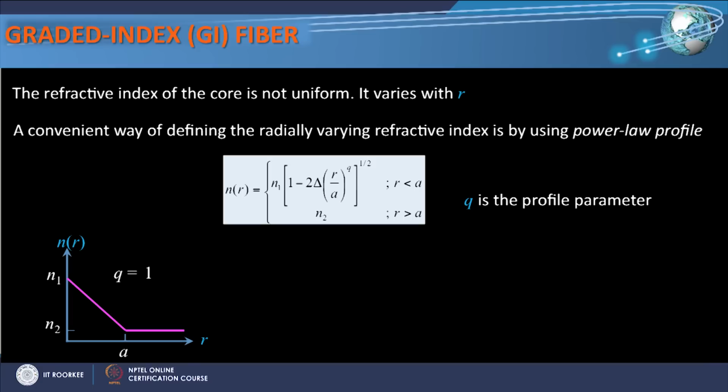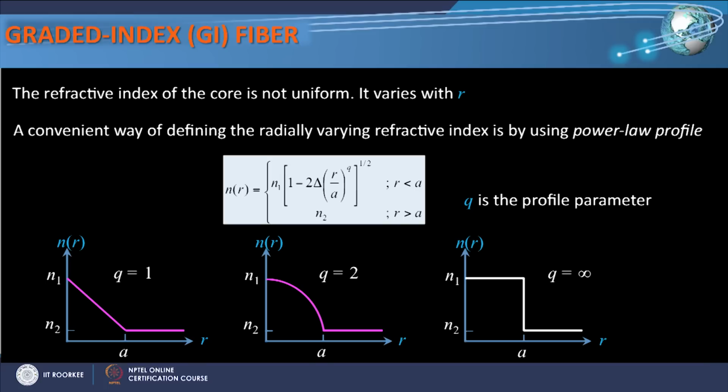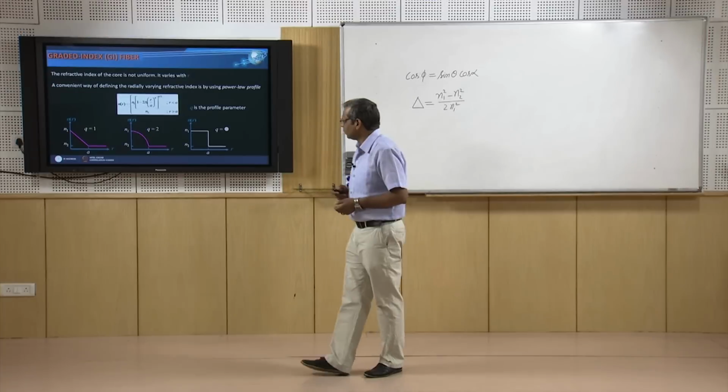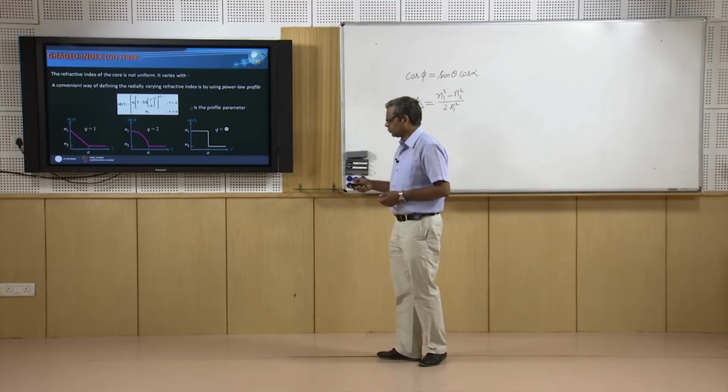If q is equal to 2, then this decrease is in parabolic fashion, and this fiber is also known as a parabolic index profile fiber. And if q is infinity, then this is nothing but a step index fiber. So, very large values of q will give you a step index profile.